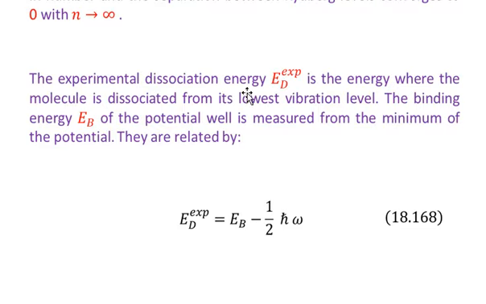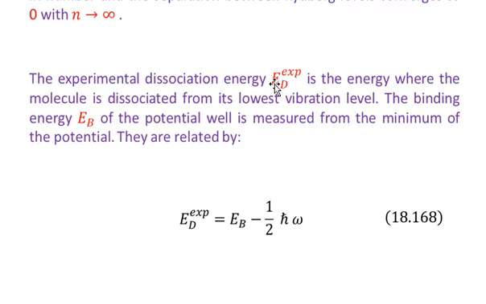The experimental dissociation energy, which is ED, with the superscript EXP to stand for experimental, is the energy where the molecule is dissociated from its lowest vibrational level. The binding energy EB of the potential well is measured from the minimum of the potential.